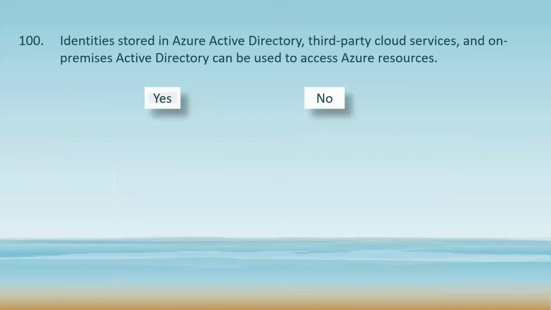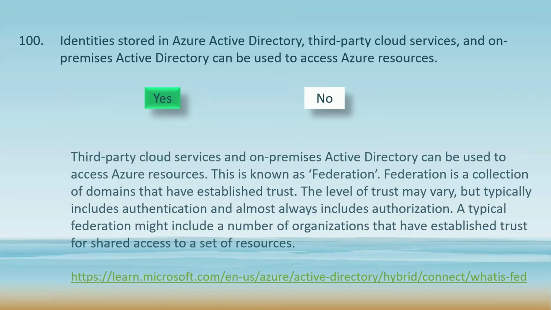Identities stored in Azure Active Directory, third-party cloud services, and on-premise Active Directory can be used to access Azure resources. Again, you need to choose between yes or no. Yes, that's the correct statement. Third-party cloud services and on-premise Active Directory can be used to access Azure resources. This is called federation. Federation is a collection of domains that have established trust.